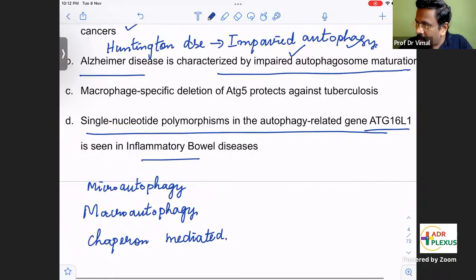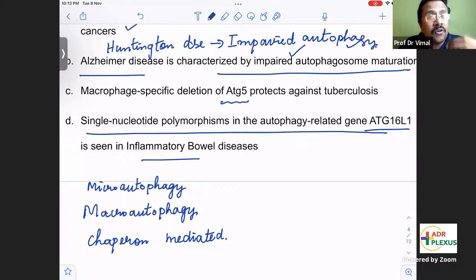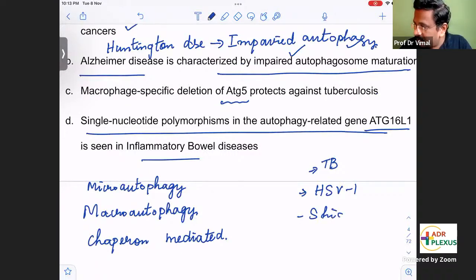So what happens in autophagy? There is a gene you have to remember, ATG5. Autophagy plays a major role in killing infectious agents like tuberculosis, herpes simplex virus 1, and also Shigella. Note down these very important agents. The ATG5 gene is responsible for this killing of the agents by autophagy.